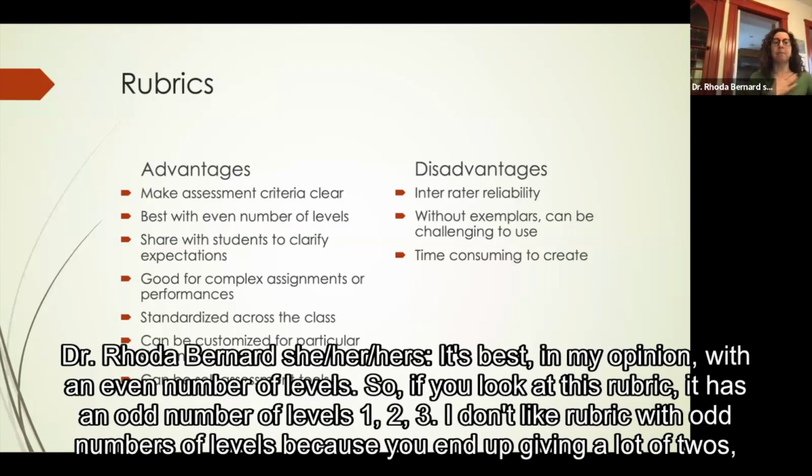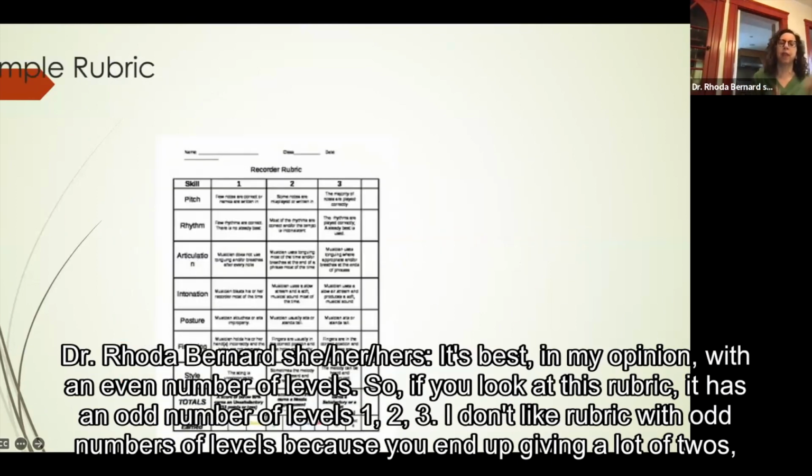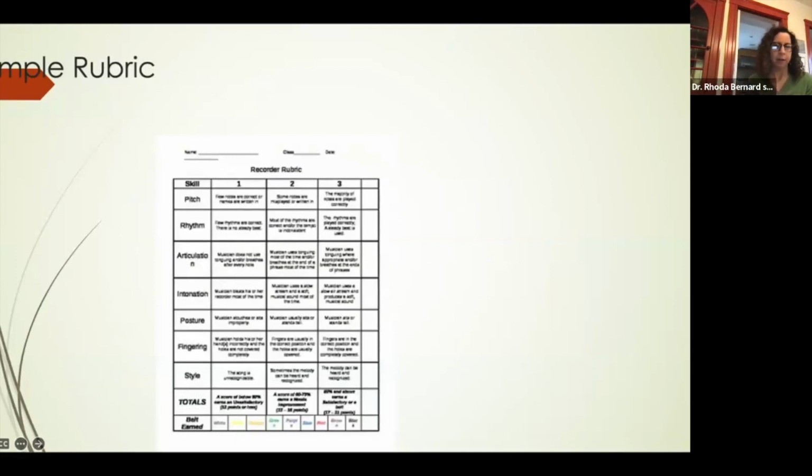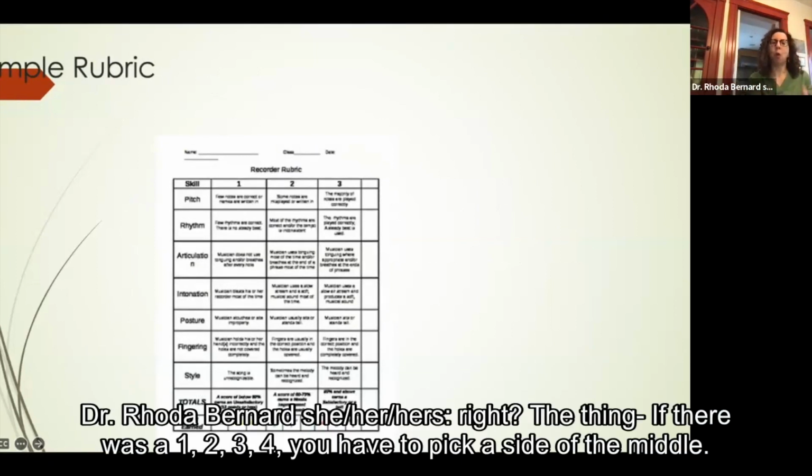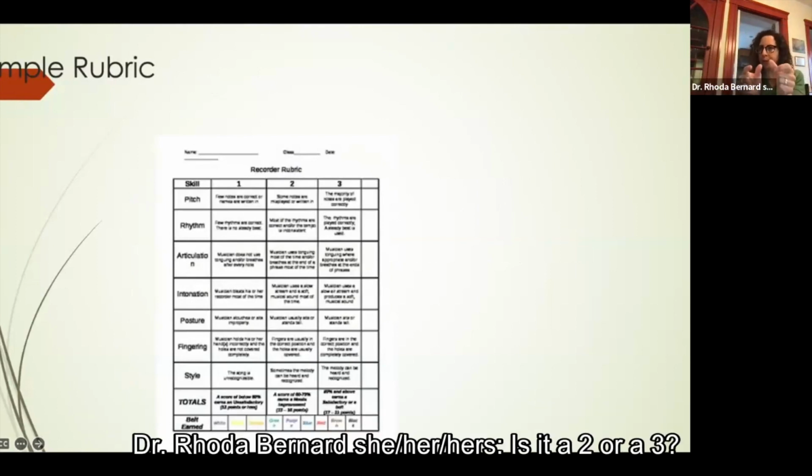It's best, in my opinion, with an even number of levels. So if you look at this rubric, it has an odd number of levels, 1, 2, 3. I don't like rubrics with odd numbers of levels because you end up giving a lot of 2s, right? If there was a 1, 2, 3, 4, you have to pick a side of the middle. Is it a 2 or a 3?